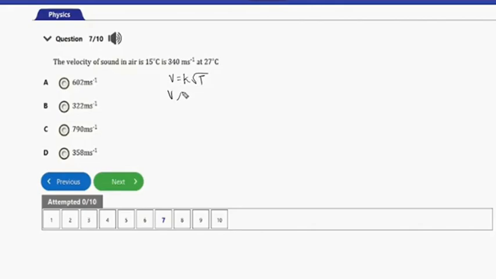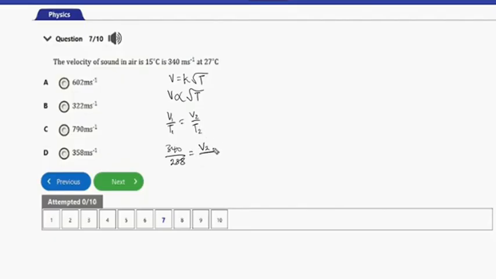So in that case, we can say that the velocity varies as the square root of T. So if we want to use this to solve, we are going to have that v1 over square root of T1 is equal to v2 over square root of T2, where v1 here is actually 340 meters per second, then T1 is actually 15 plus 273, because this should be in absolute temperature. So we have to add 273 to convert it to Kelvin. So that's 288 Kelvin.